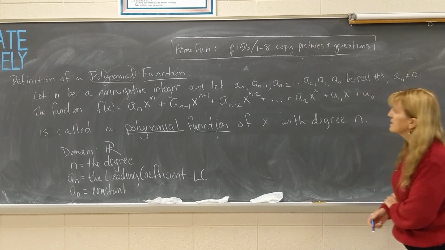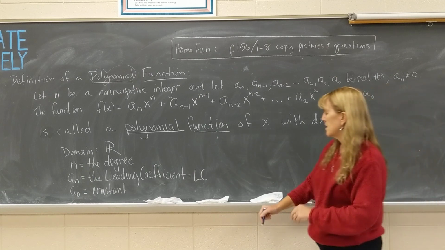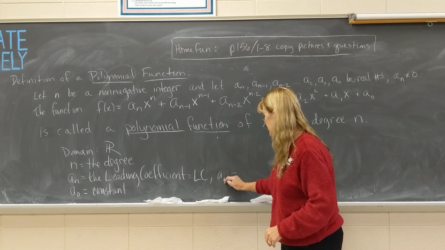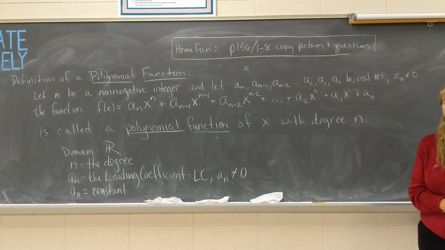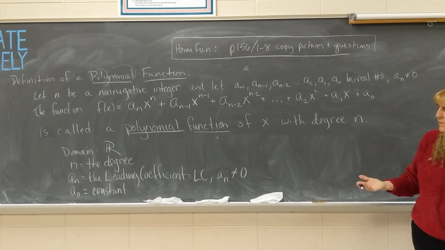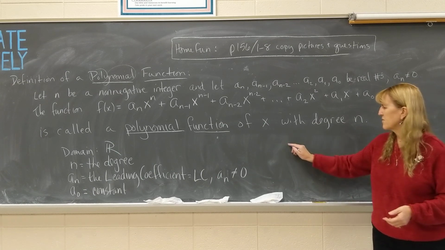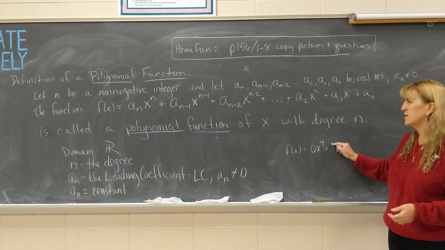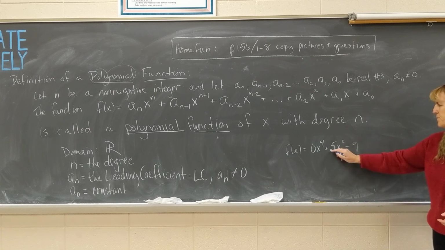Am I missing anything I want to say here? Yeah, I want to say that a sub n is not allowed to equal 0, and it won't equal 0, so I think we're being a little bit redundant. But let's say, for instance, my function were something like 0x to the 4th plus 5x squared minus 9.